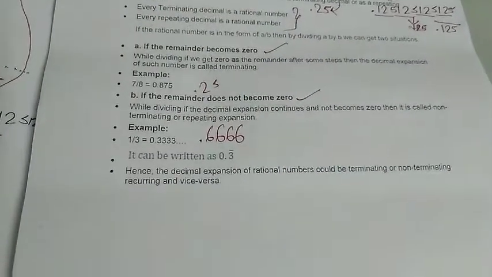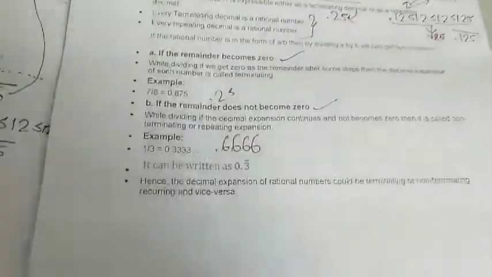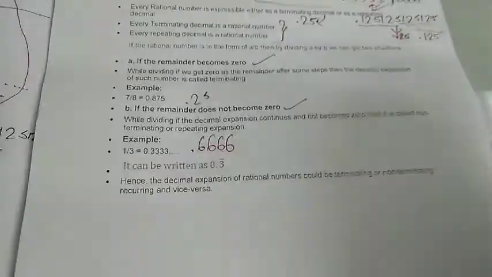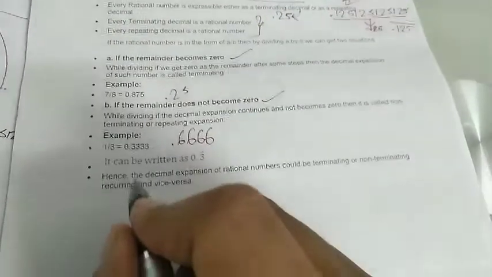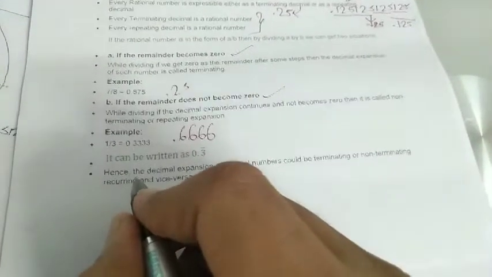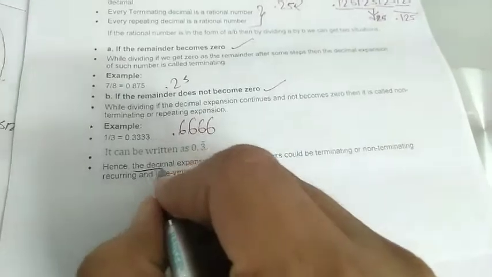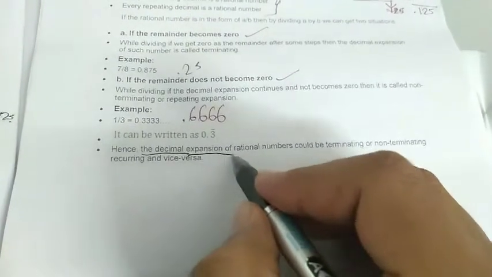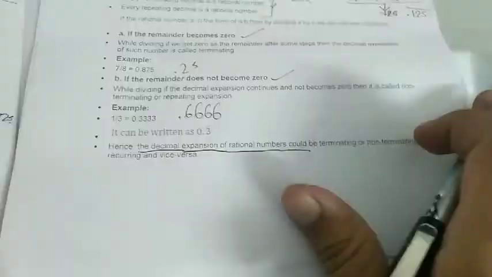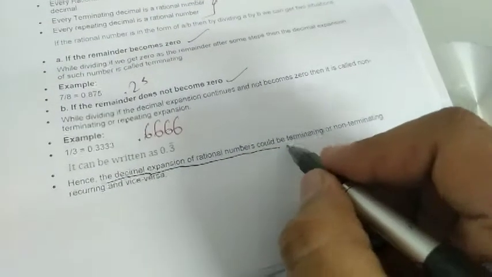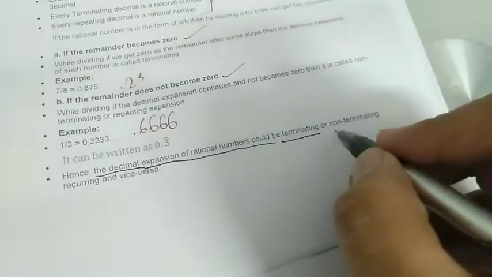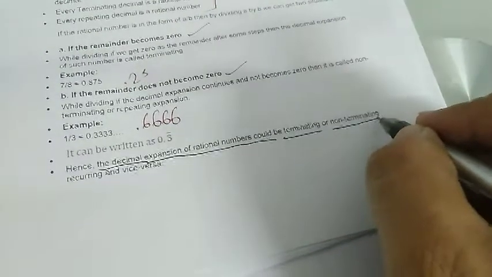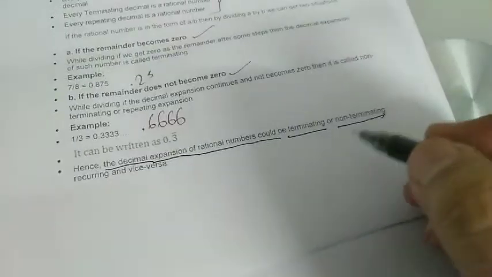One more point is there. Finally, just read it out. The decimal expansion of rational numbers could be terminating or non-terminating.